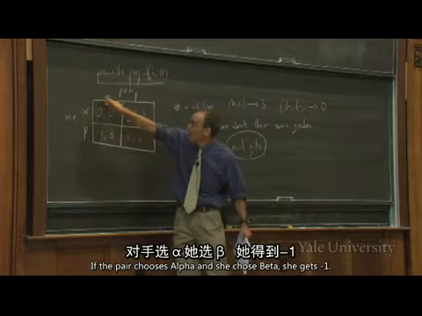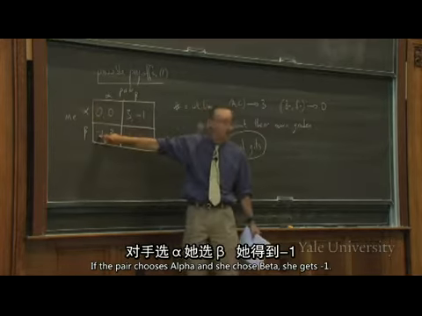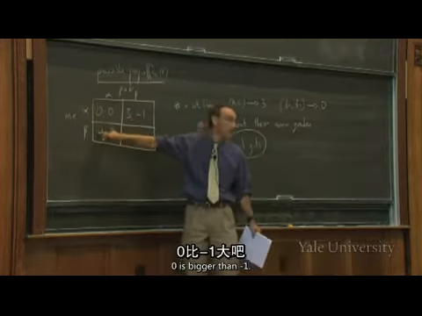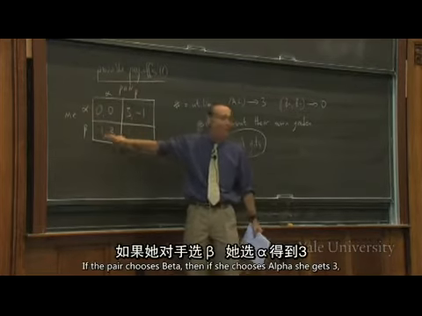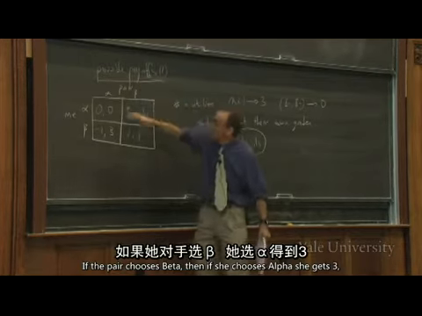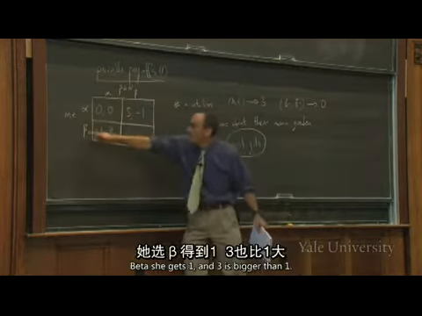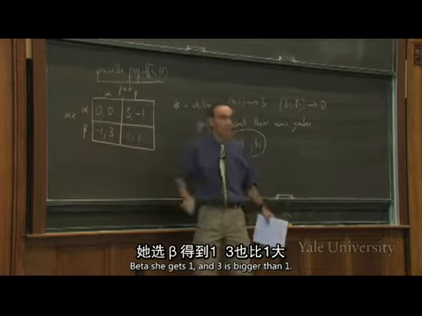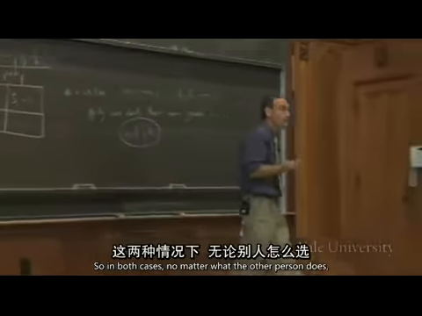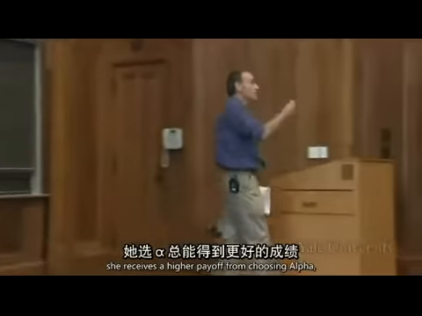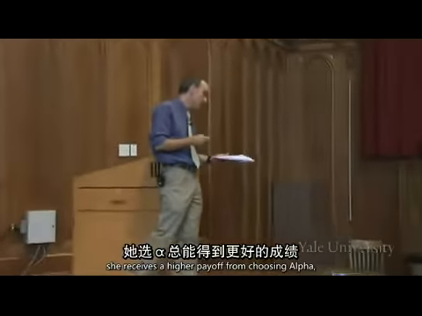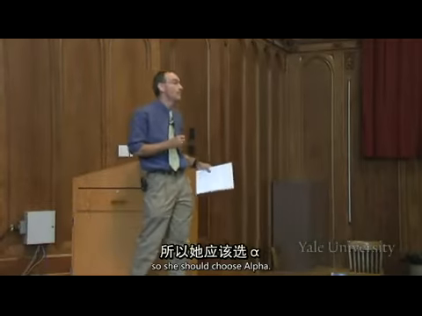If the pair chooses alpha and she chooses beta, she gets -1. 0 is bigger than -1. If the pair chooses beta, then if she chooses alpha, she gets 3, beta, she gets 1, and 3 is bigger than 1. So in both cases, no matter what the other person does, she receives a higher payoff from choosing alpha, so she should choose alpha.